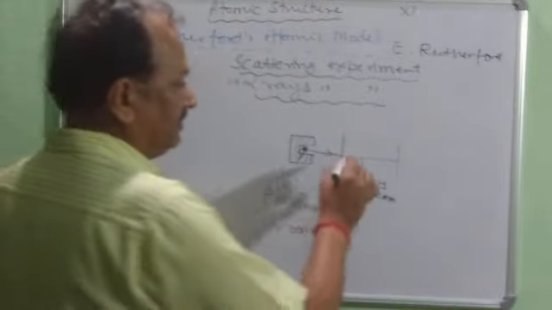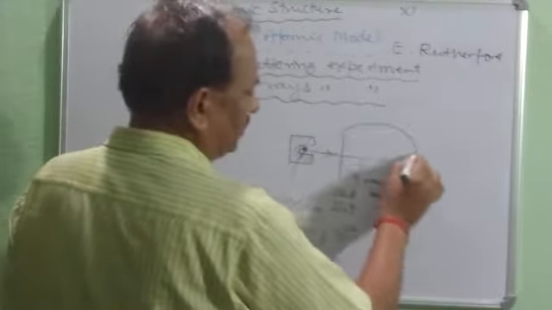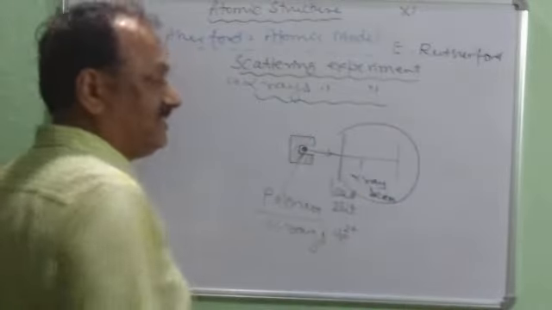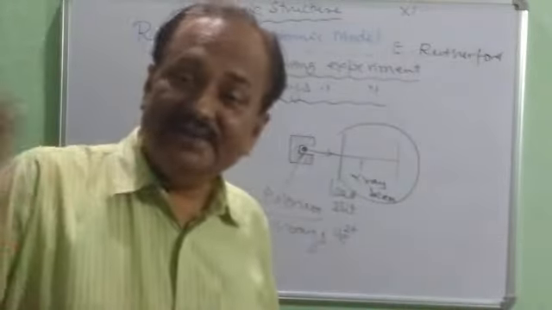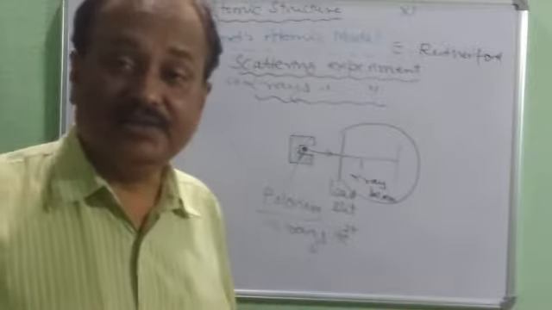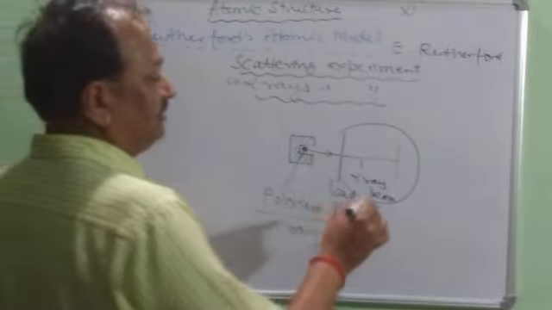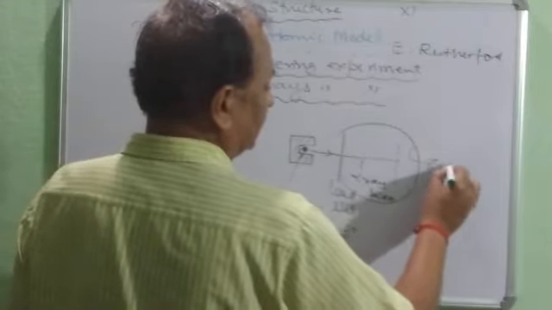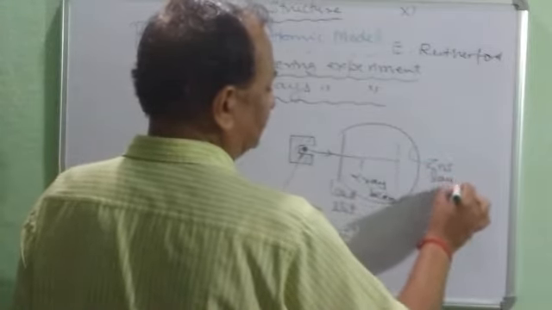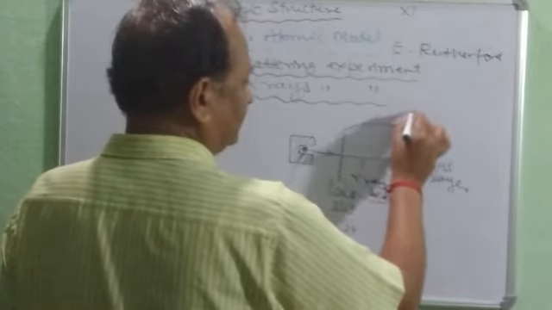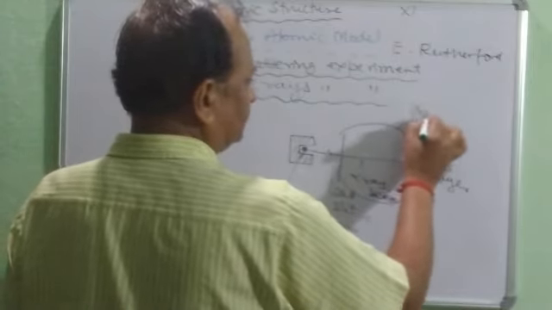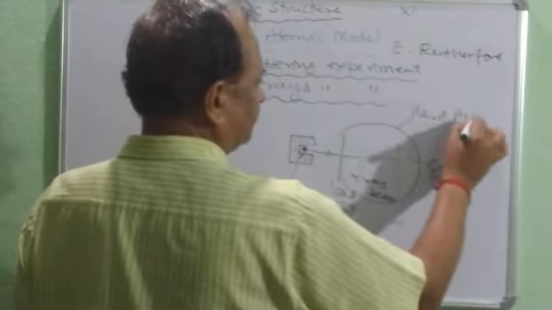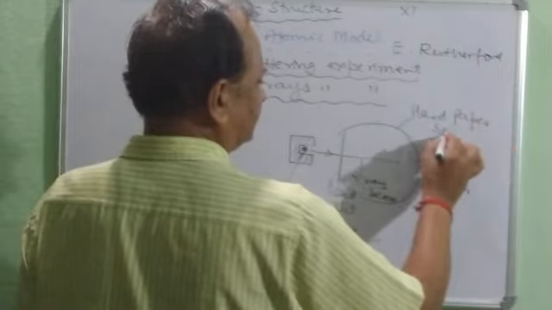And around this there was a screen. There was a hard paper screen, and it was coated with zinc sulfide internally. So there was a zinc sulfide layer from inside, and this is the hard paper screen.